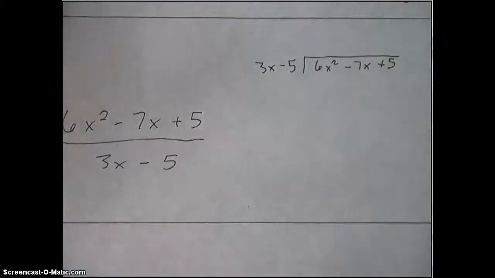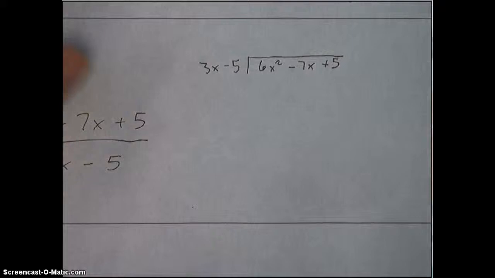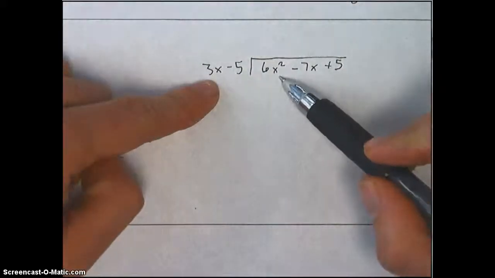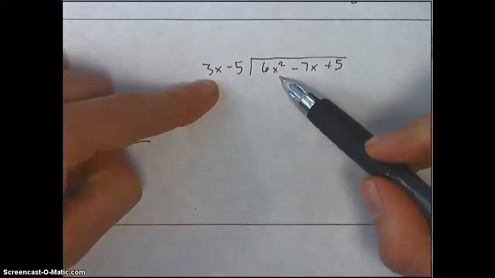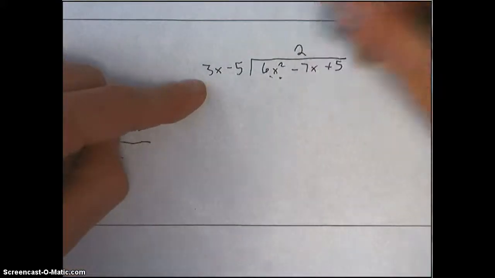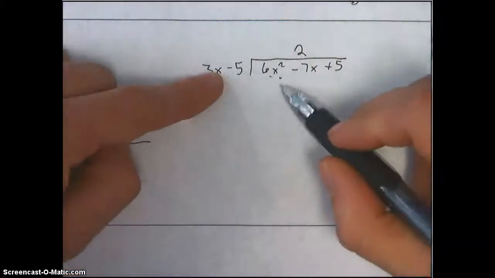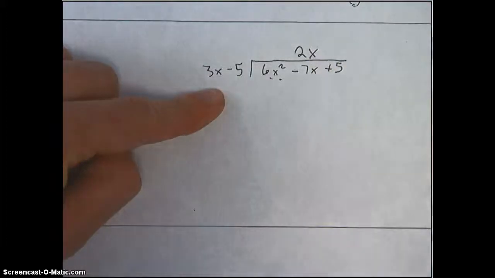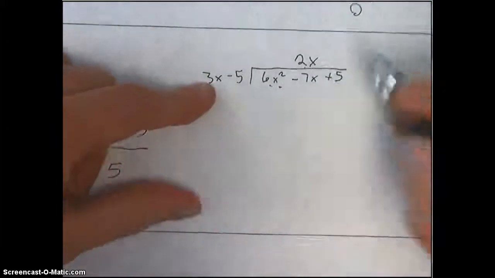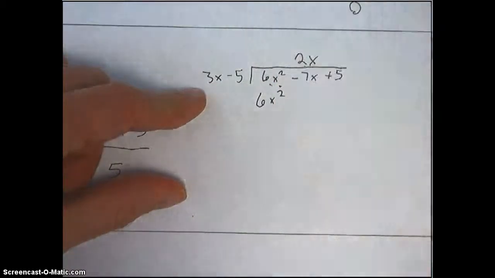Now I'm just going to ask myself the same series of questions that I did before. How do I turn a 3x into a 6x squared by way of multiplication? And so 3 times 2 is 6, so I'm going to write the 2, and x times x is x squared. So I'm going to write the 2x up there. So 2x times 3x is 6x squared.